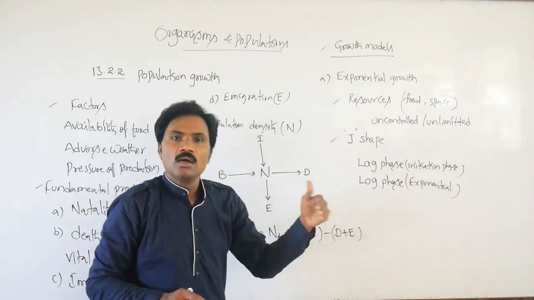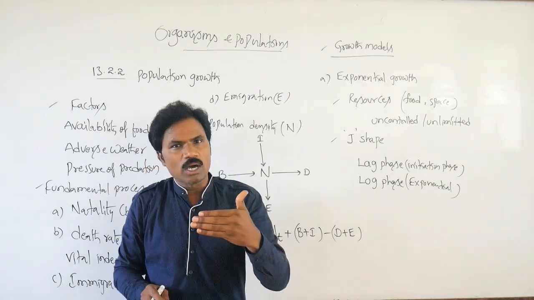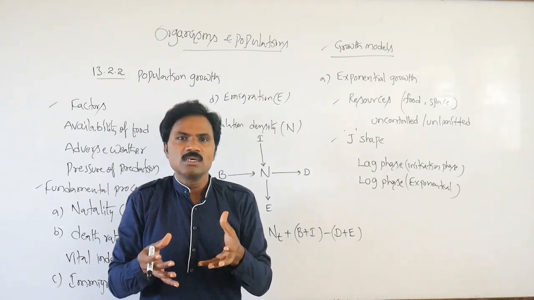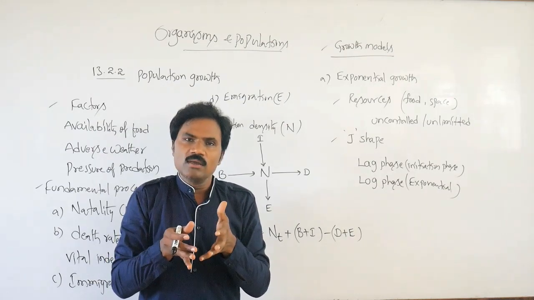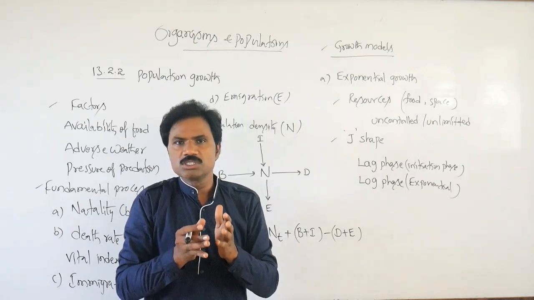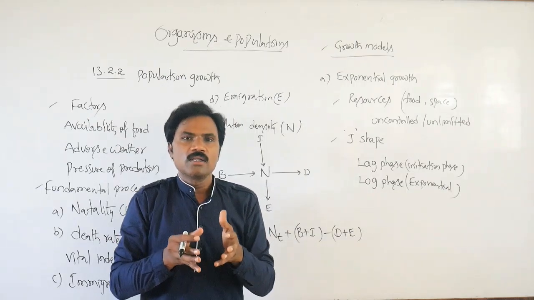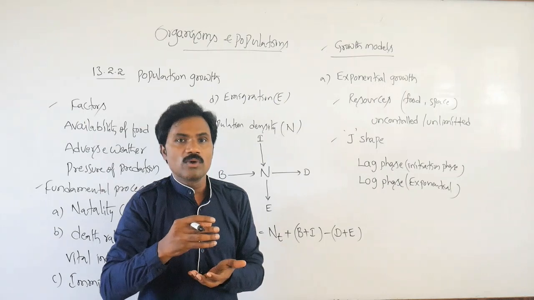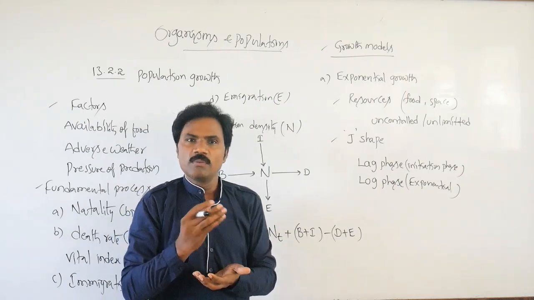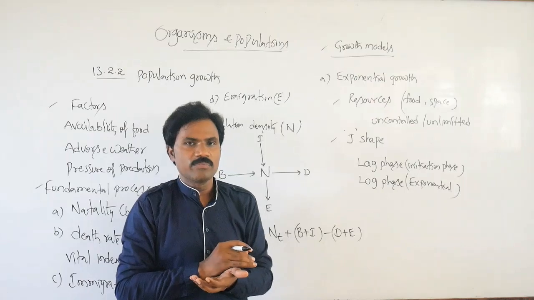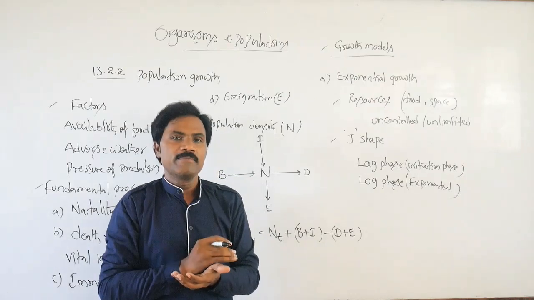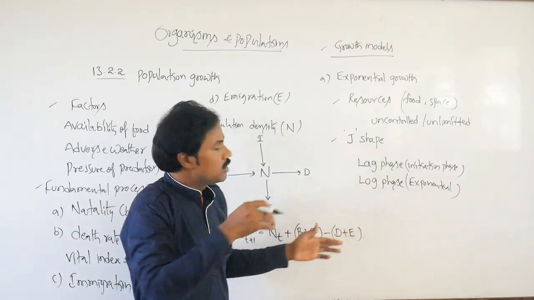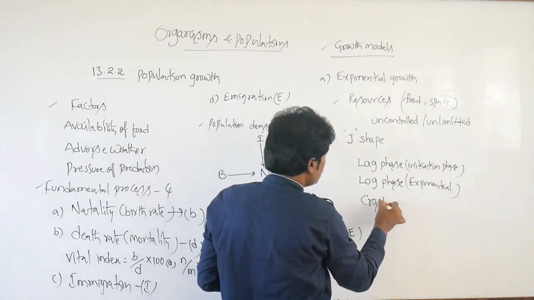Whenever resources are abundant and uncontrolled, in a very short span, it reaches the maximum number. Why? Because in that J shape, very quickly, the number of individuals increases. But whenever the population increases so quickly, it may not be stable for a long period of time. Then immediately it declines. Because of this particular reason, it leads to the crash phase.